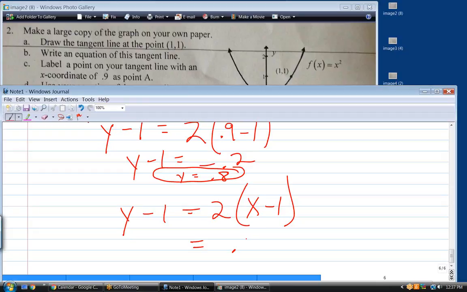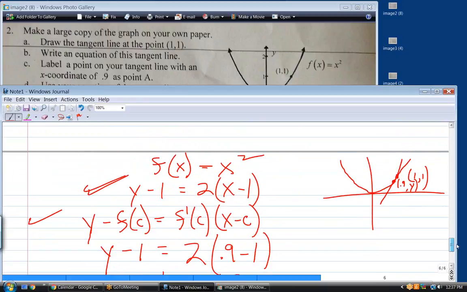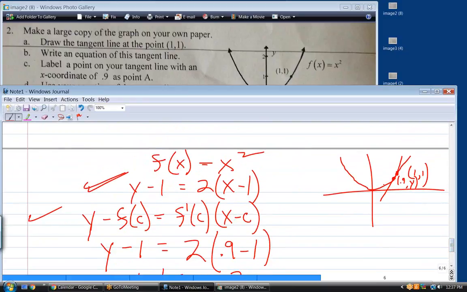Is it 0.2? When I get to there, they're saying that the approximate value of y is 0.2. Well, if I plug 0.6 into the function and actually figure out what f of 0.6 is, I get 0.36, not 0.2. I'm not even close.